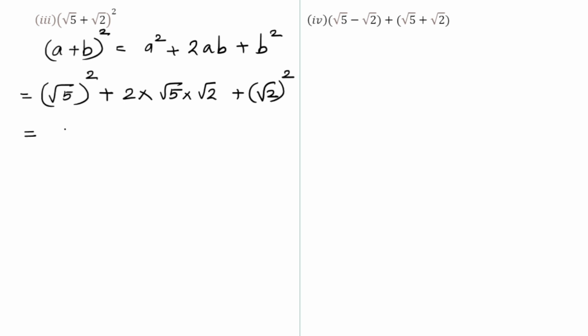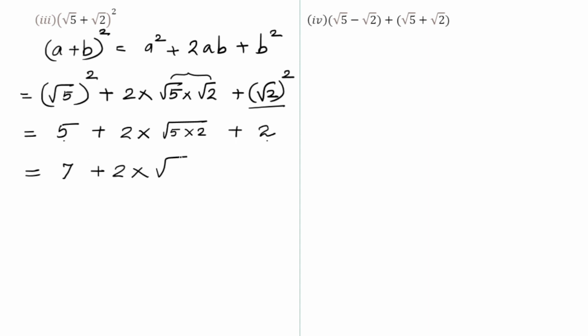Now root 5 square will give us number 5 plus 2 into root 5 into root 2, which is root 5 into 2, plus root 2 into root 2 will give us number 2. Now 5 plus 2 is 7 plus 2 into root 10. So we can just write it again as 7 plus 2 root 10. So this is the simplified form for question number 3.